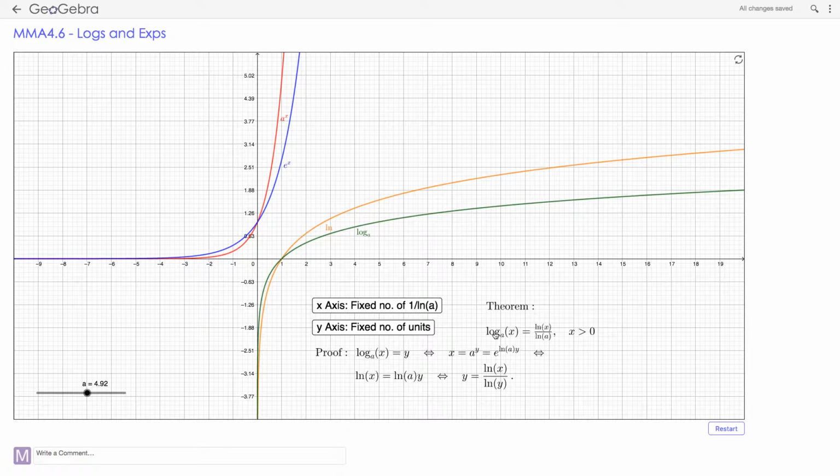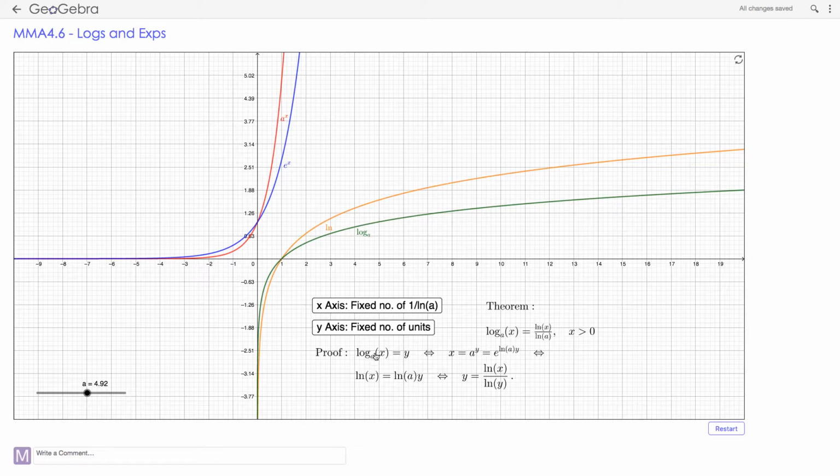In other words, if you know ln of a and ln of x, you can find log_a of x by just dividing these two numbers. In other words, what does this mean? It means that any logarithm is just a scaling in the y-axis of the natural logarithm for any positive x, of course.